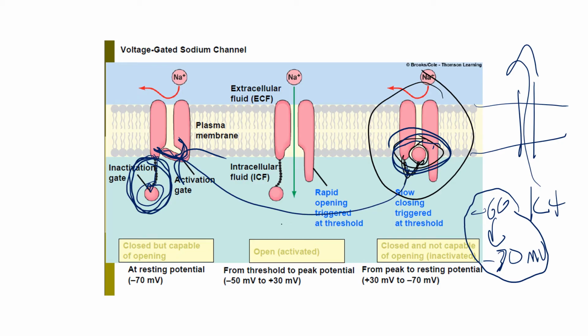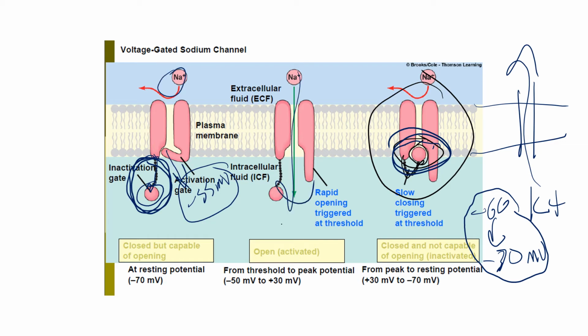They're not really a voltage gate, but that doesn't matter because they're open. And the activation gate is what's closed, and that is a voltage gate. So if you can get the interior back to negative 55 millivolts, which is called threshold, then the activation gate will open again, sodium will shoot in, and you'll get another action potential.